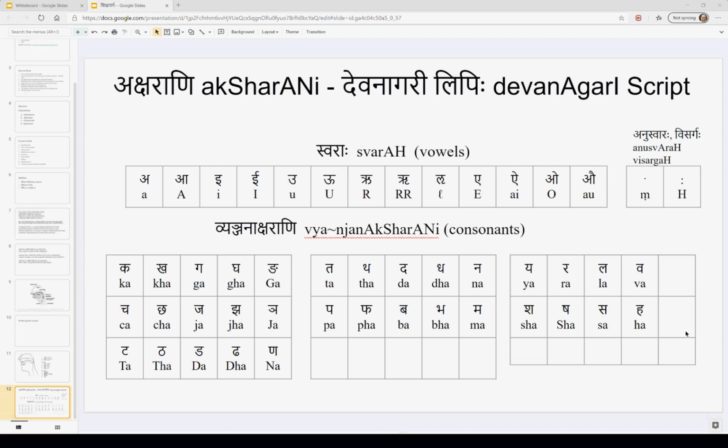Now, the Vyanjanams, the sequence in which they are given here, they are logically arranged.